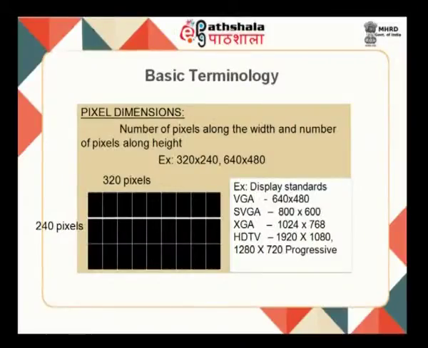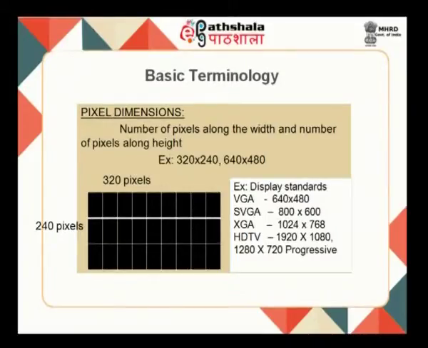You would often require to change these things on your monitor depending on the requirements of the application. Here the number of pixels along the width and the number of pixels along the height make the pixel dimensions.